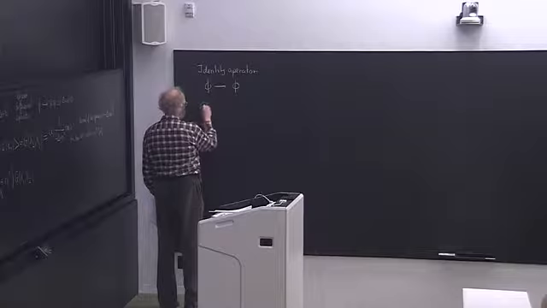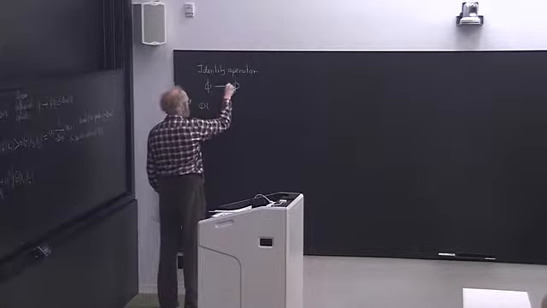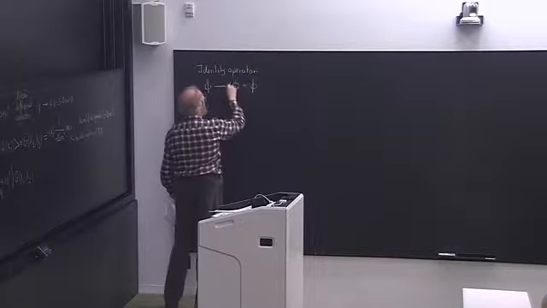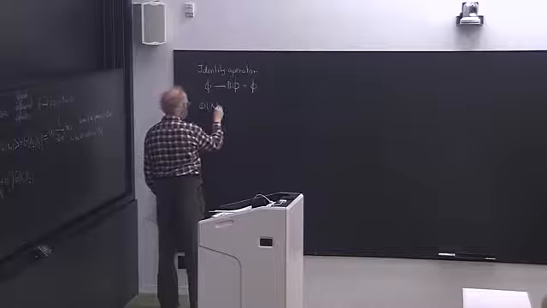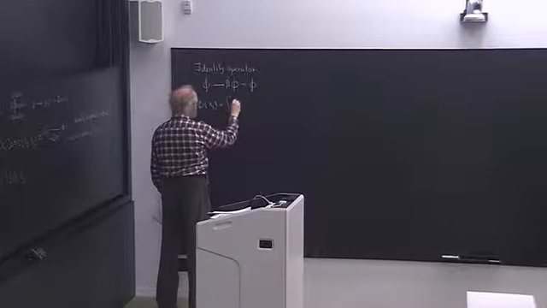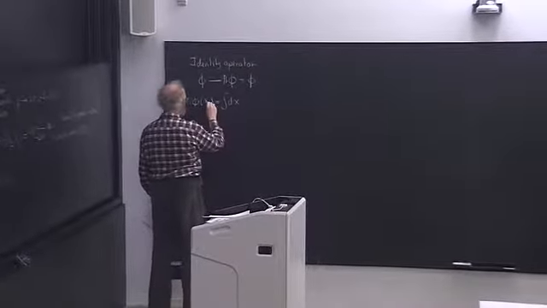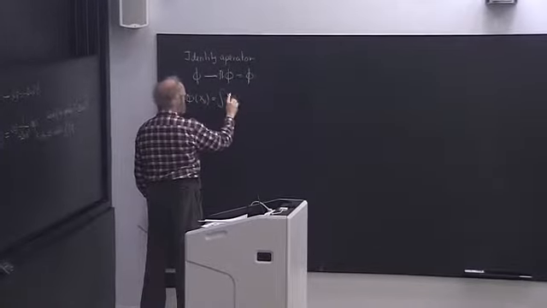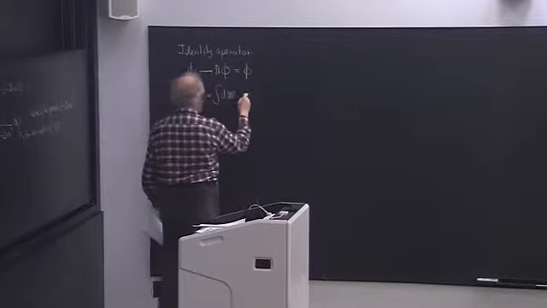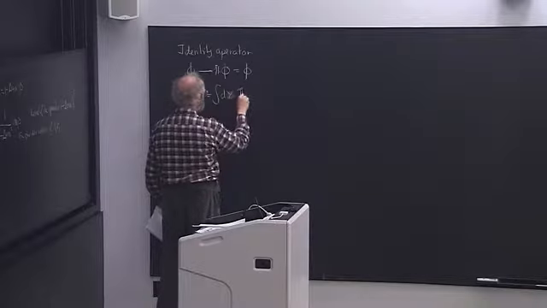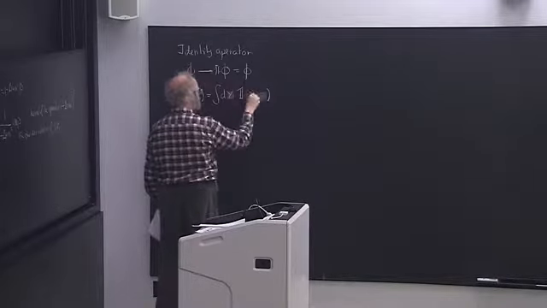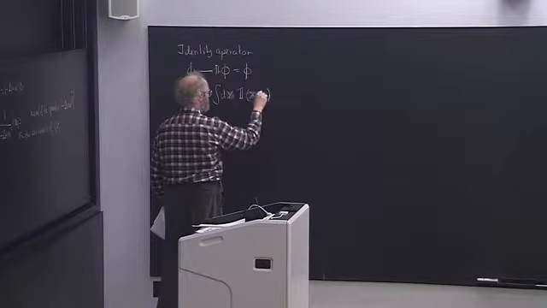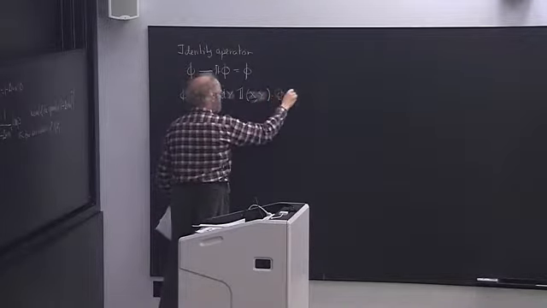Its kernel means that the identity acting on phi, which is a function of x, should be equal to the integral dy of the kernel of the operator, x and y, applied to the function at y.